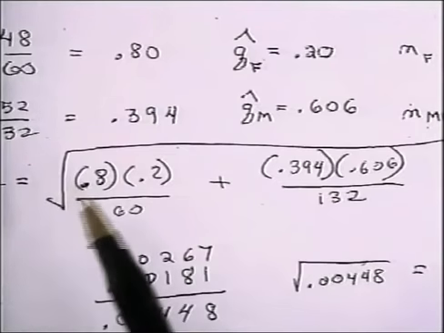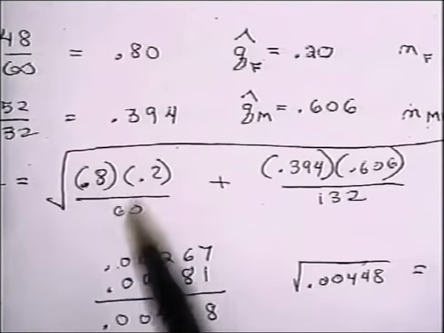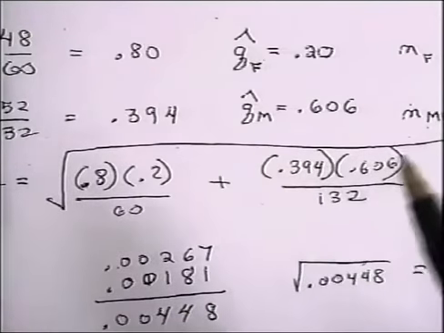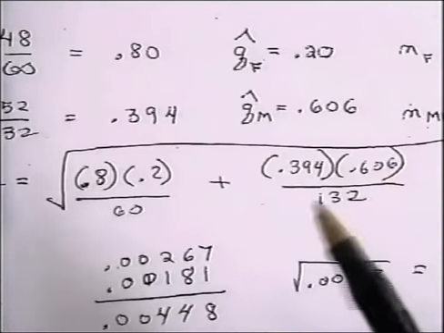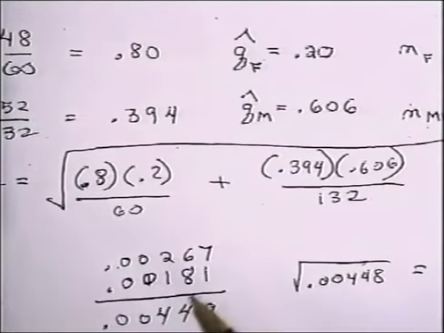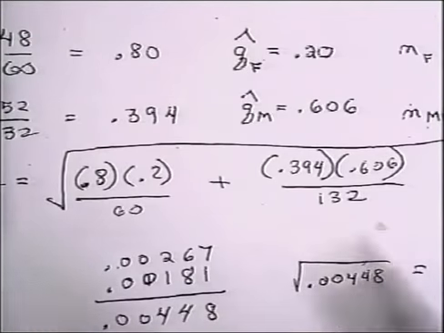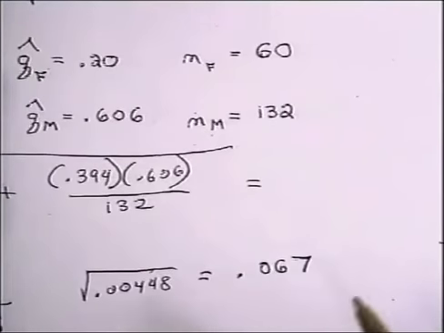For the females, I do P times Q divided by N and I get 0.00267. Then I take 0.394 times 0.606 divided by 132 and I get 0.00181. Add them together, I get 0.0048. Then I take the square root of that, and I get 0.067. That is my combined standard deviation for the two-sample proportion.